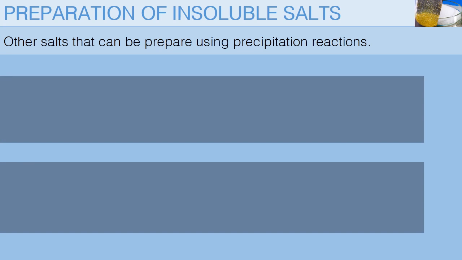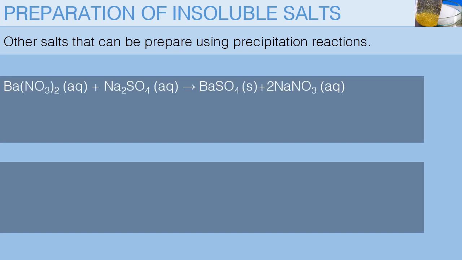Again, other salts that can be prepared using double decomposition or precipitation reactions include barium sulfate. See, it is an insoluble salt. Once you realize that you're preparing an insoluble salt, you first of all just think about double decomposition.